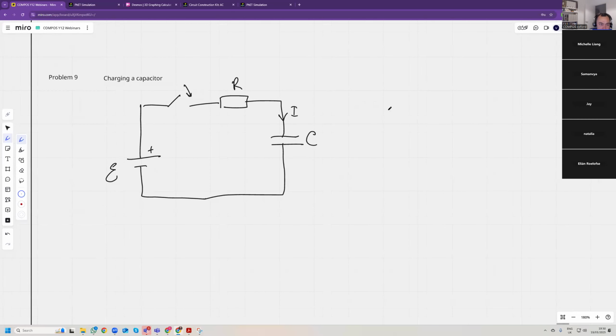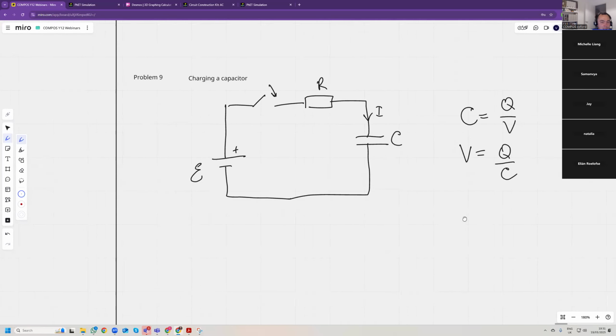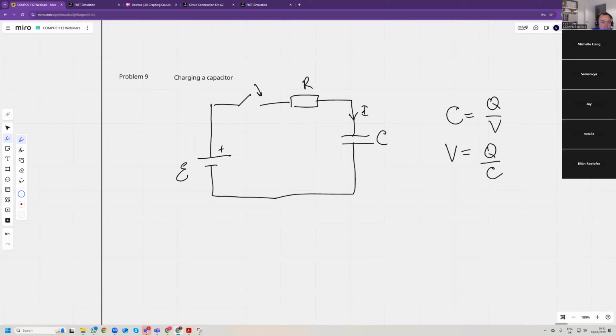And I know that the capacitance is charge divided by voltage. That means the voltage on the capacitor is Q over C. I know that the voltage on the resistor is IR, and the voltage on the capacitor is Q over C.